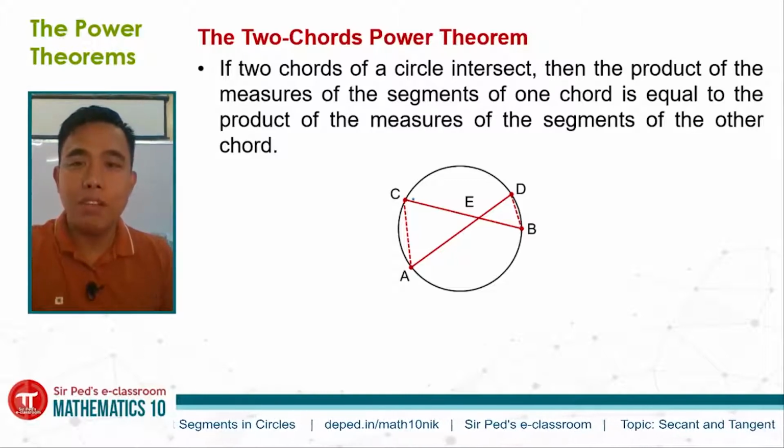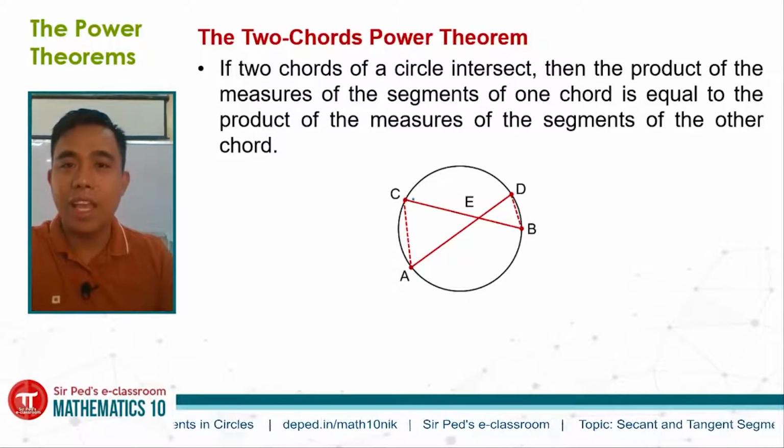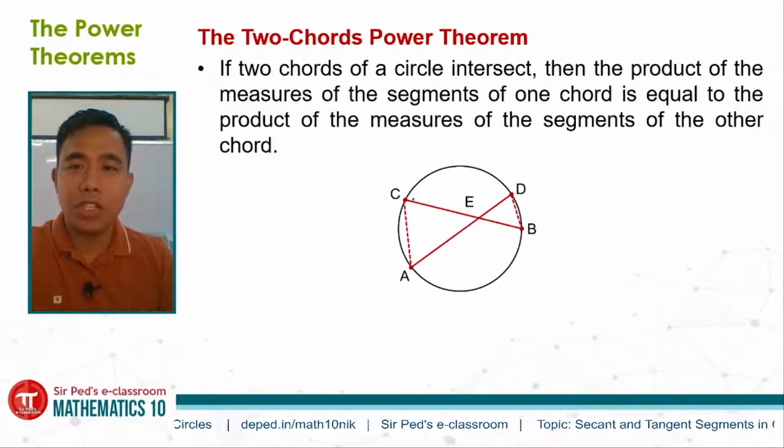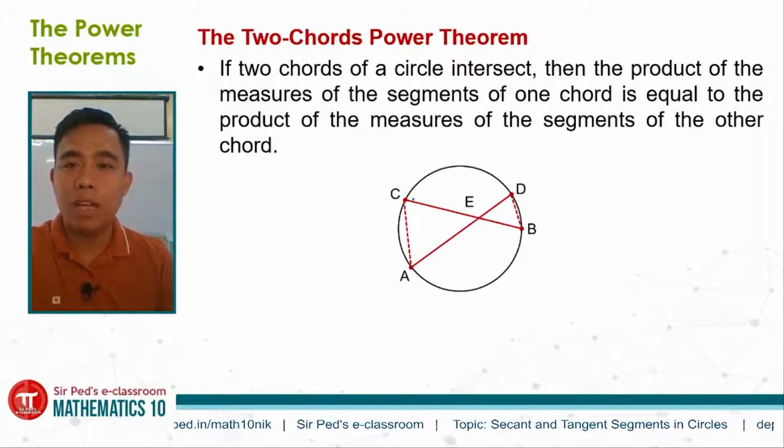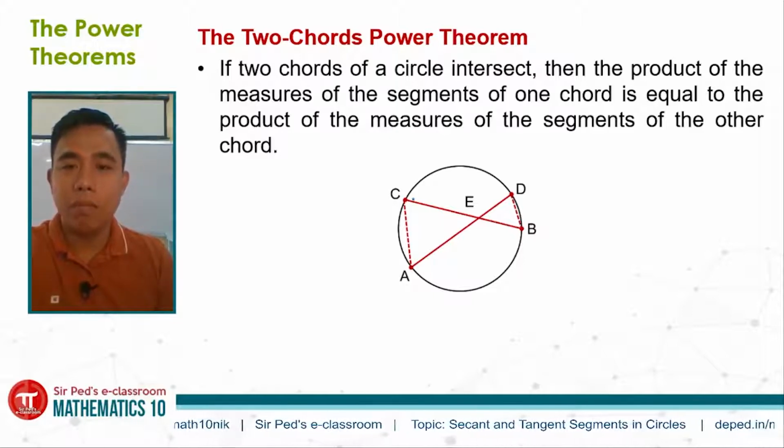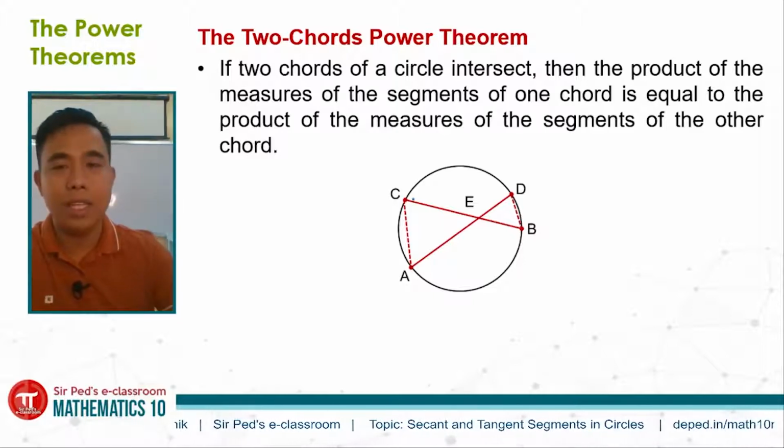If two chords of a circle intersect, then the product of the measures of the segments of one chord is equal to the product of the measurement of the segments of the other chord. What does it mean?